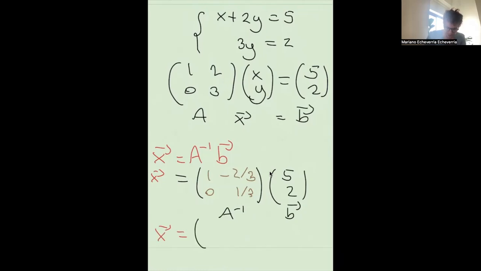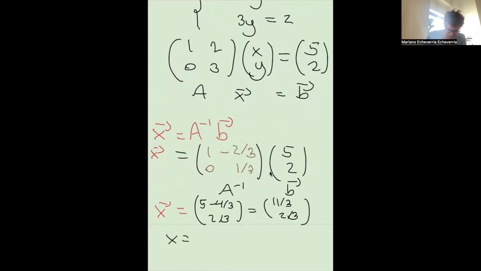What do you get if you do the multiplication? You get 5 minus 4/3, and you get 2/3. So this is [11/3; 2/3]. That means that x has to be 11/3 and y has to be 2/3 for this system of equations. So here, you didn't have to reduce the matrix, you didn't have to do anything, of course, provided you knew the inverse, right? So everything boils down to finding the inverse.